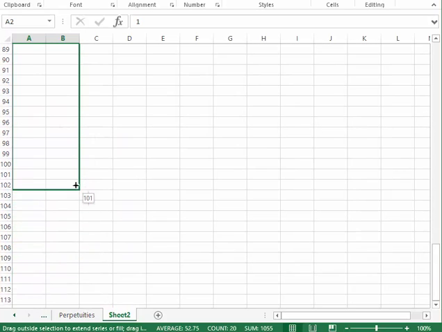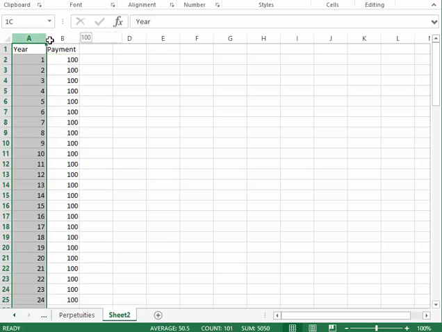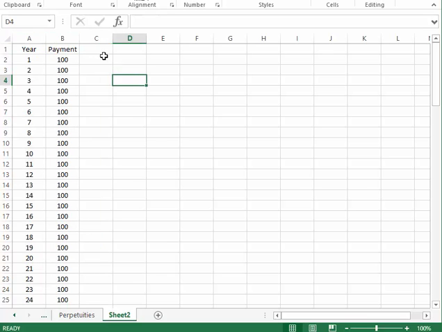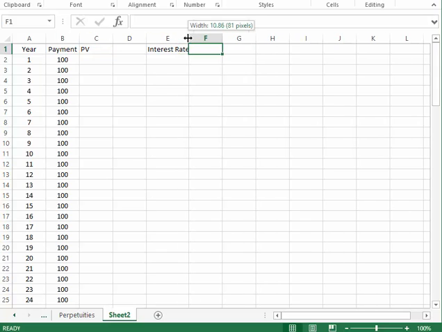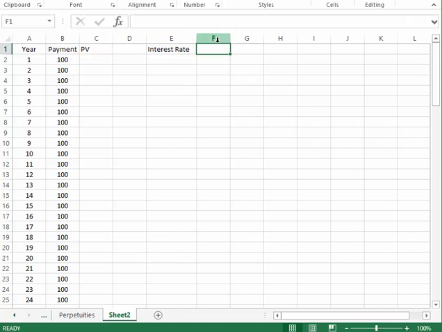That's close enough to forever for our purposes here. And what I'm going to do right here is find out what the present value is for each of these cash flows individually. And the last thing we need here is an interest rate. And let's assume that the interest rate is 6%.